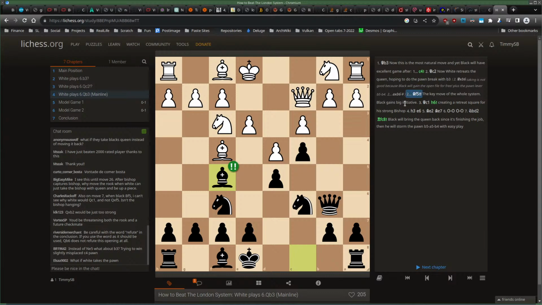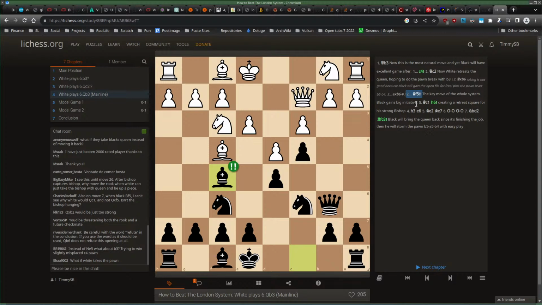Black gains big initiative. So if he goes to c2 instead of b3, well, my pawn is still here, and then I can't play this, because then they take this pawn with attack on my queen. But after the detour through like this, and now the pawn's already here, I can play this.